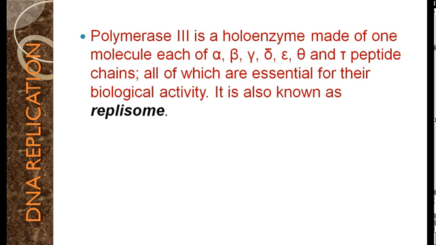So polymerase 3 is a hollow enzyme made of one molecule each of alpha, beta, gamma, delta, epsilon, theta and tau peptides, all of which are essential for their biological activity. They have separate functions. This complex is also known as the replisome.